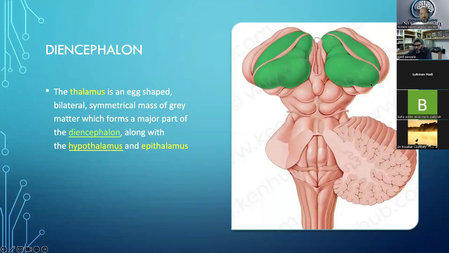So this is the anterior part of the thalamus and this is the posterior part of the thalamus. This is the angulation here. This is the third ventricle. And the thalamus develops from diencephalon.